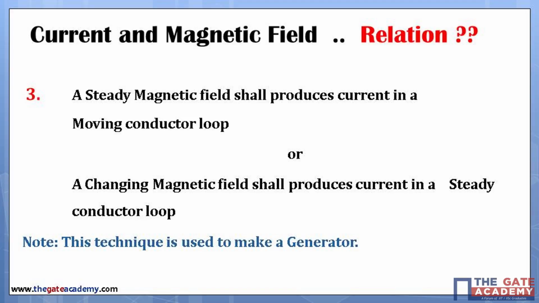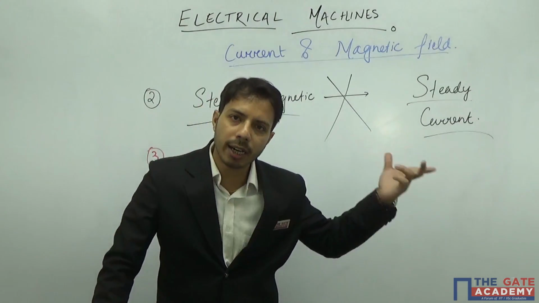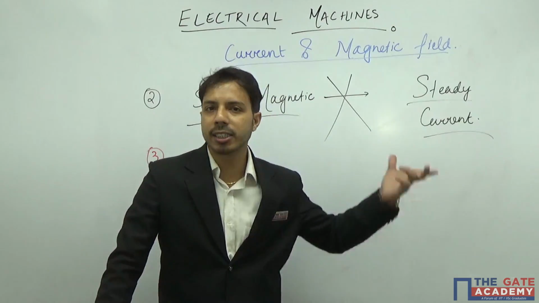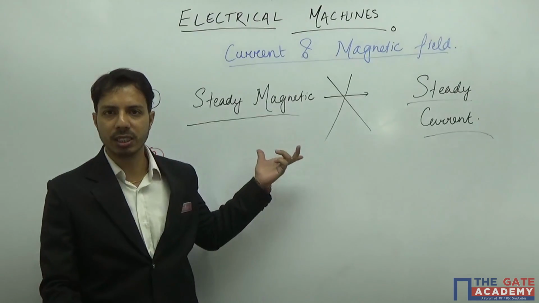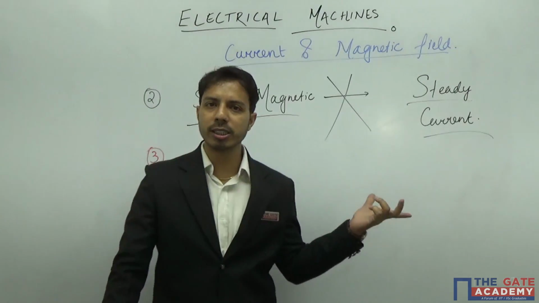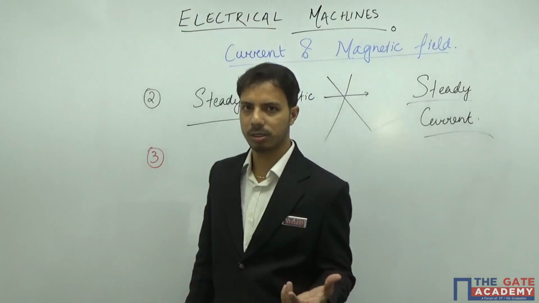Ultimately he came to some conclusion, and he did the experiment in a better way, and he gave a relation, and you can see that relation in your PPT. It says that a steady magnetic field can produce current when the conductor is moving in that magnetic field, or in other words, when that conductor is cutting the flux.